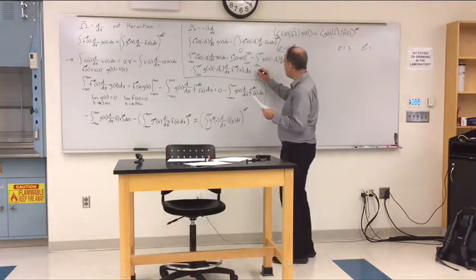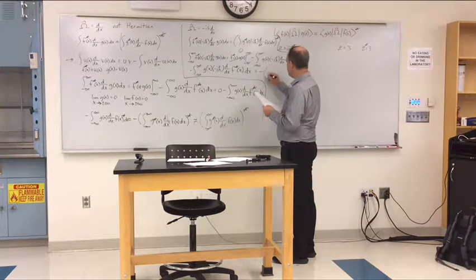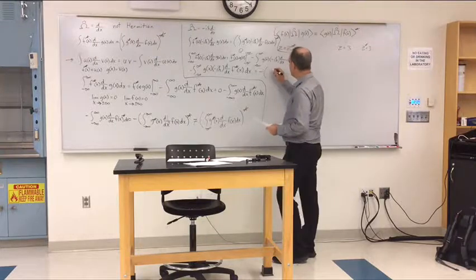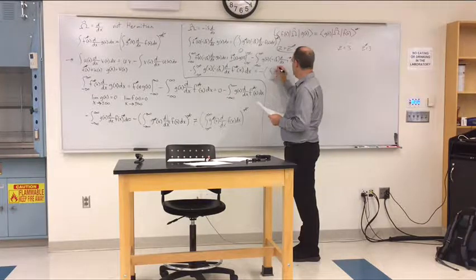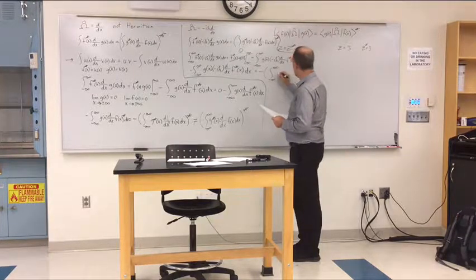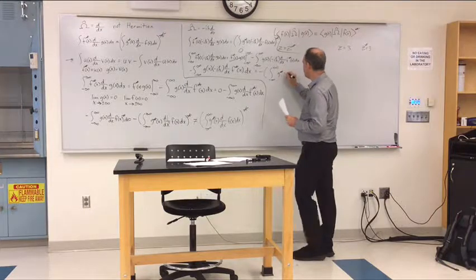Okay, so this would be equal to the negative, like we had before, negative integral from negative infinity to infinity of g. So we're going to do the complex conjugate of everything.